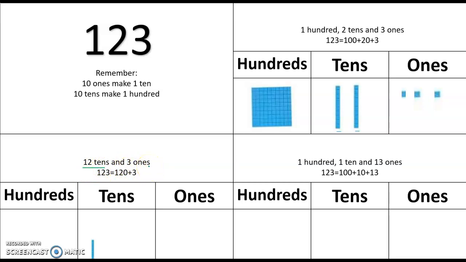So 10, 20, 30, 40, 50, 60, 70, 80, 90, 100, 110, 120, plus 1, 2, 3. 120 plus 3. So we used 12 tens and 3 ones.